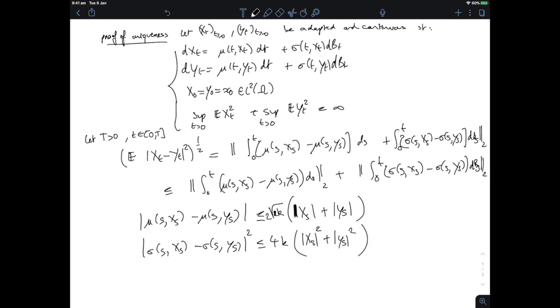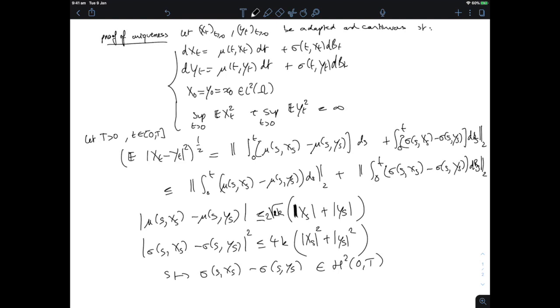Okay, so what can I do with that? Well, I can say first of all that the process s goes to sigma_s(Xs) minus sigma_s(Ys) has to be in H2 of 0 to capital T, because Xs and Ys are uniformly in L2.